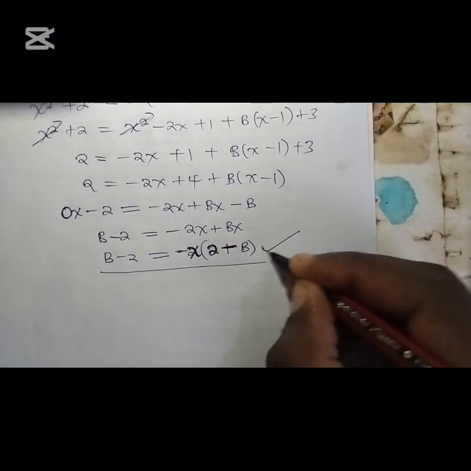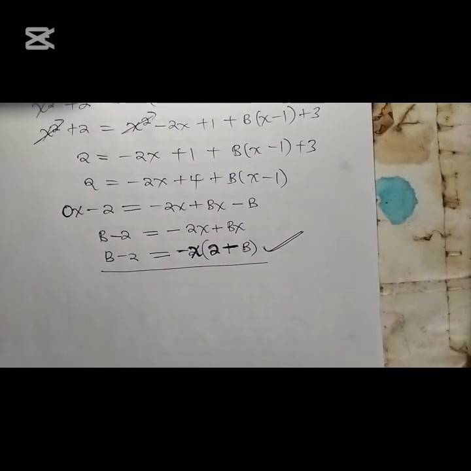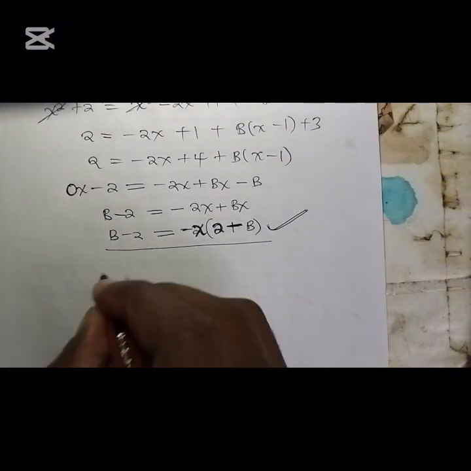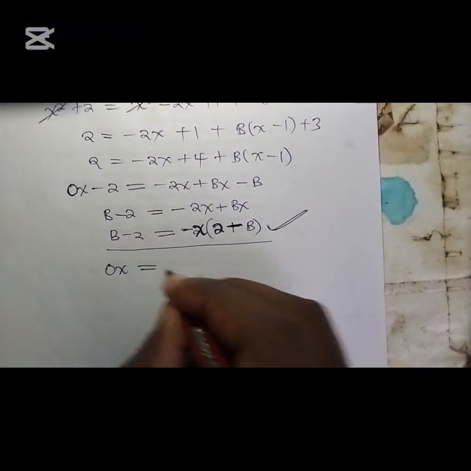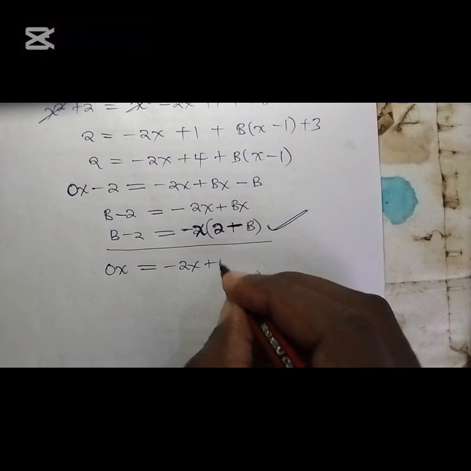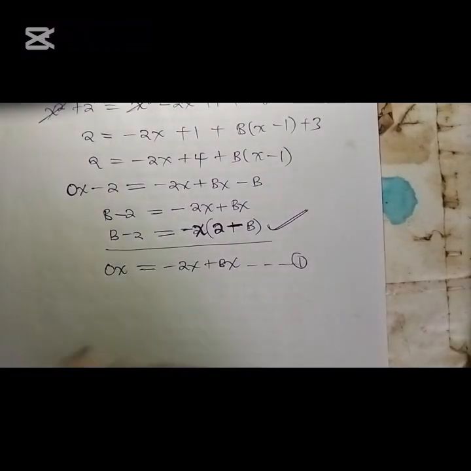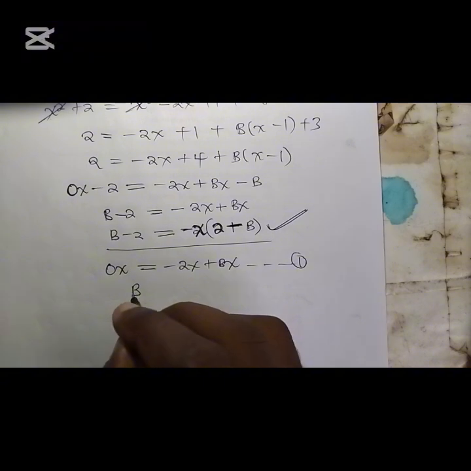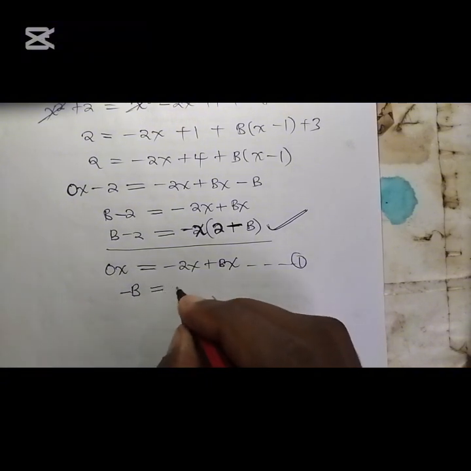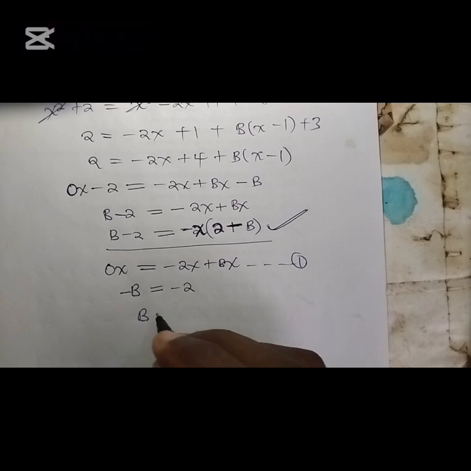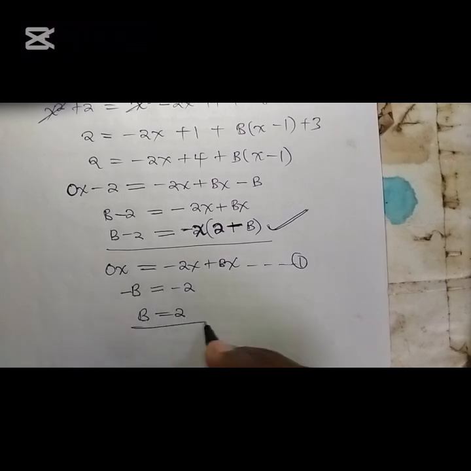Because from here there's no way you can go, you can add a 0 there. Then we say 0x is equal to negative 2x, then plus bx. This becomes equation 1. Then negative b is equal to negative 2, then b is 2.